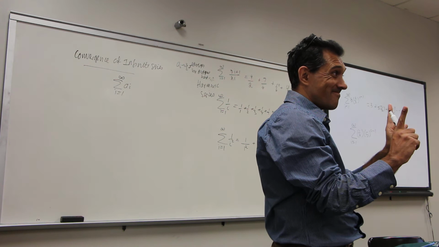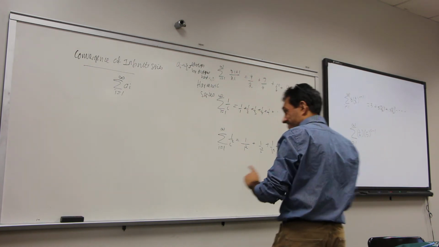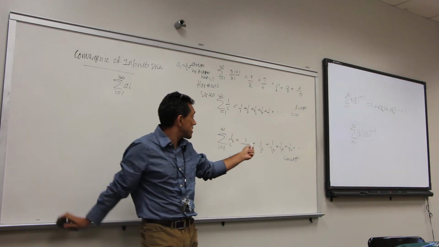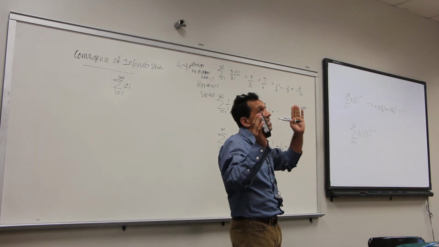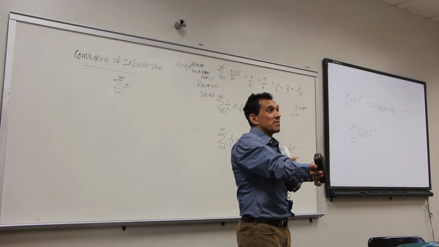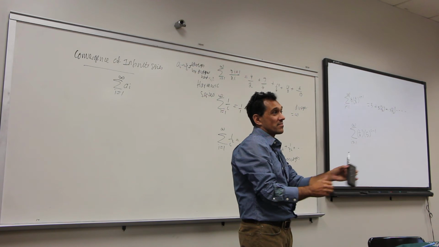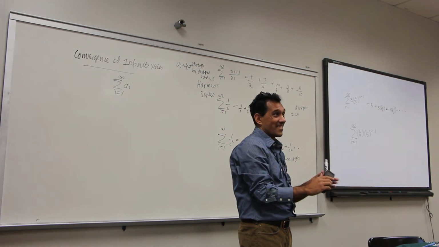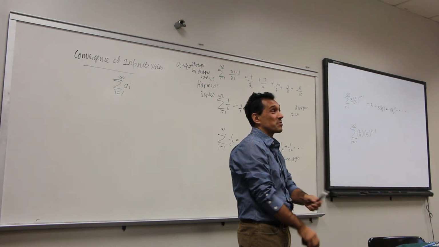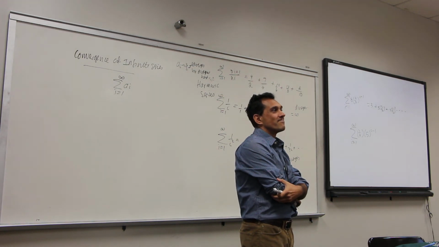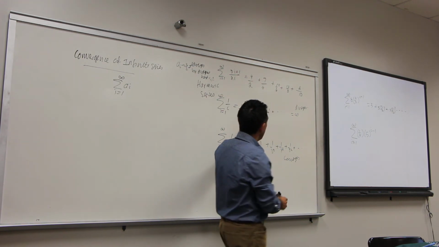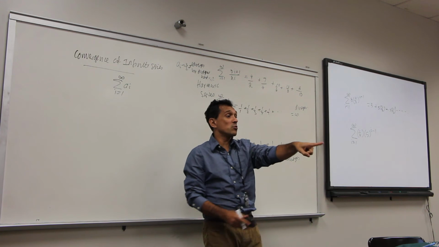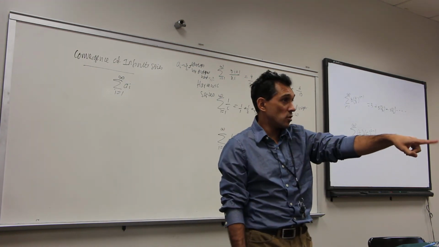Watch. I'm going to prove to you that this series converges. Why? Because the terms are going to 0, so now I have to roll up the sleeves. That means I have to do some serious work. Just like here, the terms go to 0 and I had to do some serious work. Take a look at your notes.